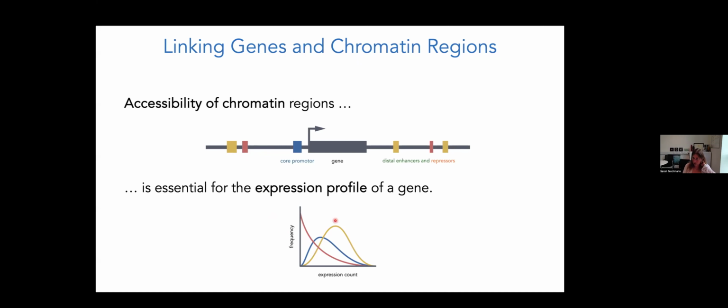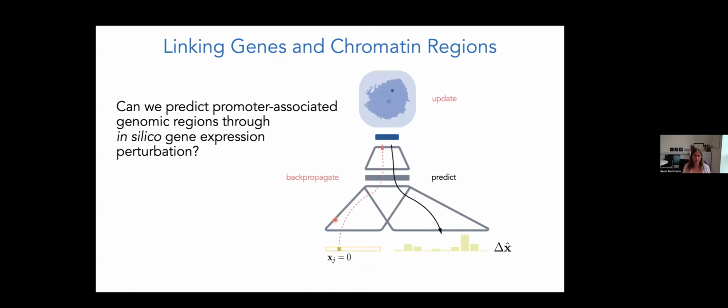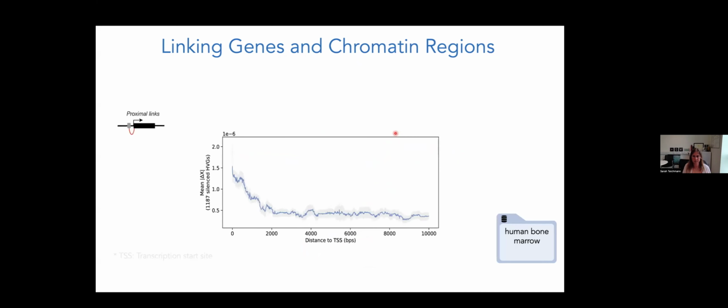So we're looking into whether changes in a specific gene count are linked to changes in open chromatin and other regions of the genome. Basically, the question we're asking is: can multi-DGD predict promoter-associated genomic regions through backpropagation through the deep generative decoder model, by in silico simulating perturbations?